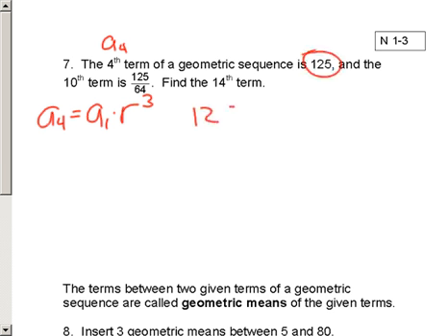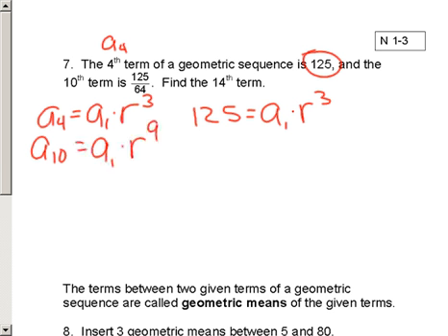So we know that 125 is A1 times R cubed. And then we know what other term? So we know A10 is A1 times R to the what power? So we replace A4 with 125. Yep, and then we're going to replace A10 with 125 over 64.